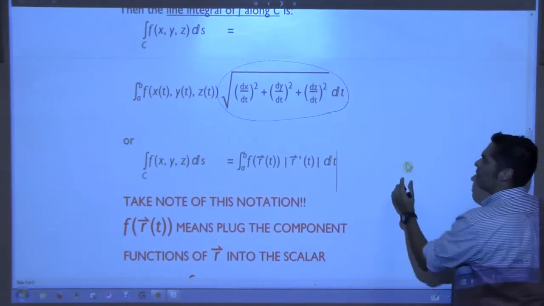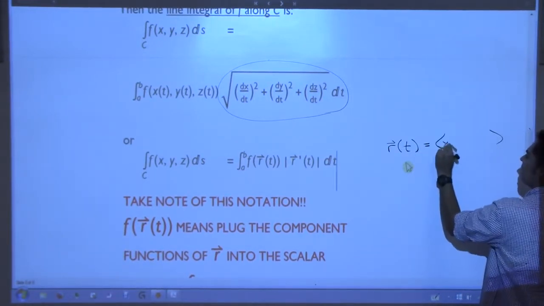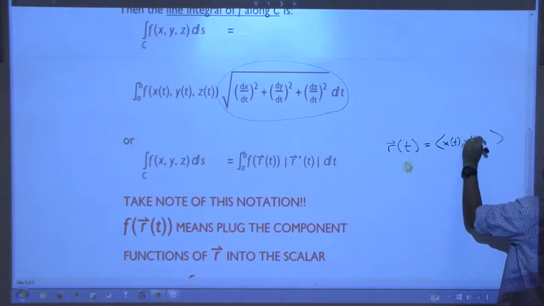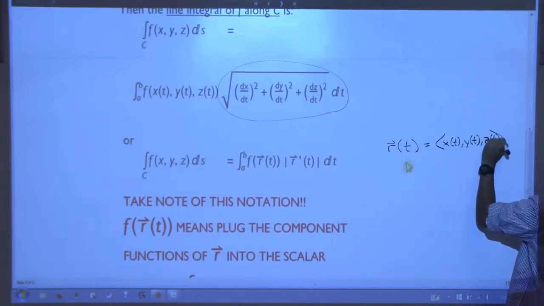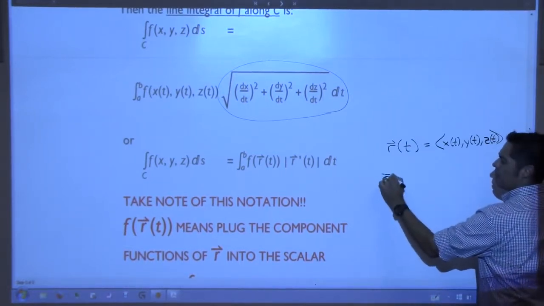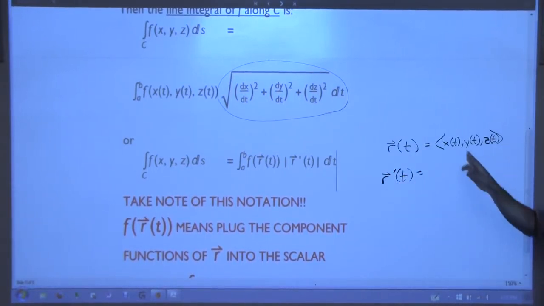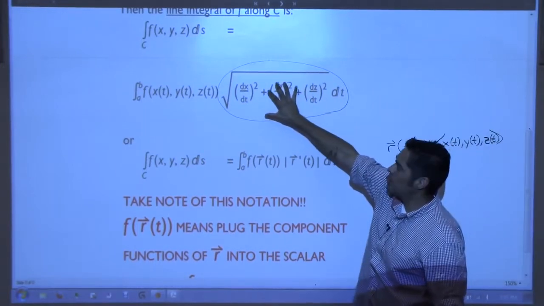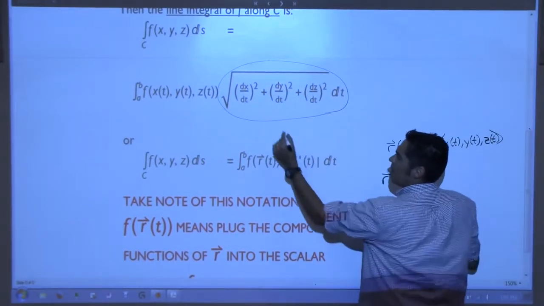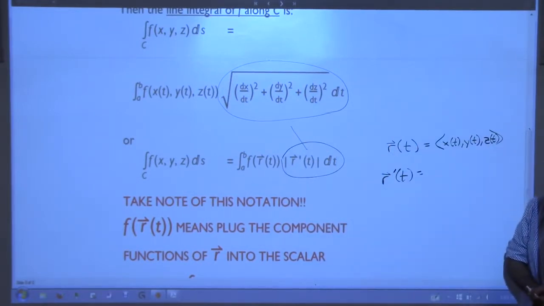So remember, if we have a vector function r of t, which was given to us by x of t, y of t, z of t, then if I ask you for the magnitude of the derivative, you would just take the derivative of each one, which I could say dx dt, dy dt, dz dt, and then you take the square root of each of those squared, and that's what this is. So what we recognize is that that piece is this. It's just a different way of writing this line integral.